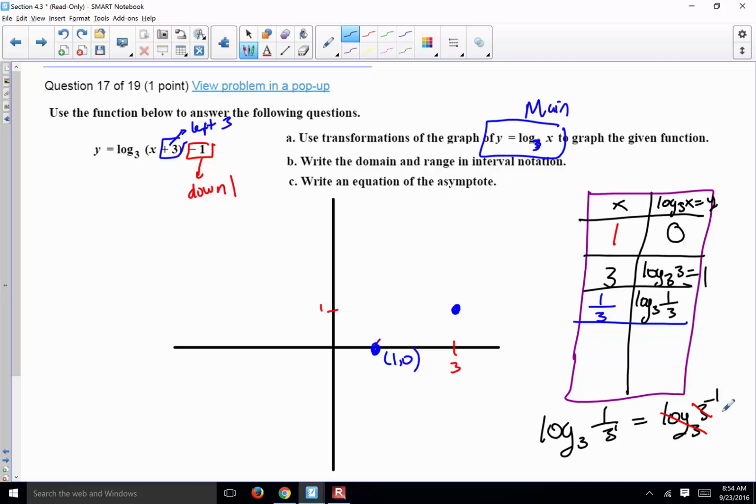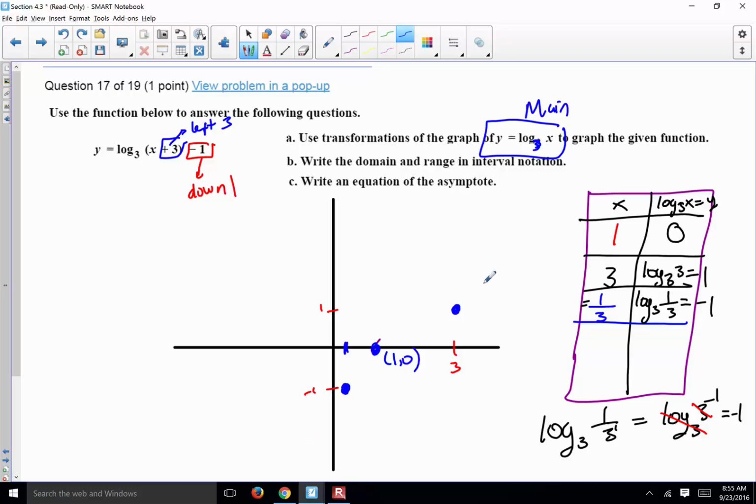The answer is negative 1. So for 1/3, I know where it is. It's just 1/3 out of this length, and it makes negative 1. Where is negative 1? It's somewhere here. So the point is there.